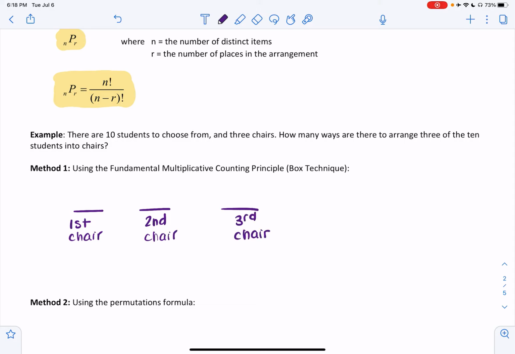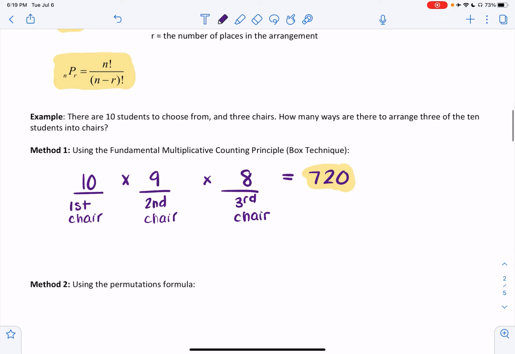Now we have 10 students to choose from. So we have 10 students to choose from for the first chair, 9 students to choose from for the second chair, and 8 students to choose from for the third chair. Now, because I require a student in chair 1 and chair 2 and chair 3, I multiply, and that will give us 720 ways.